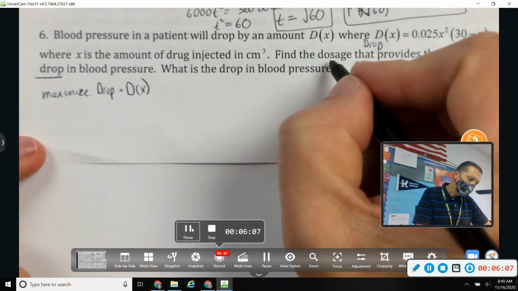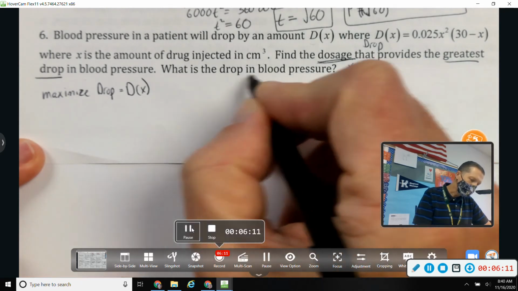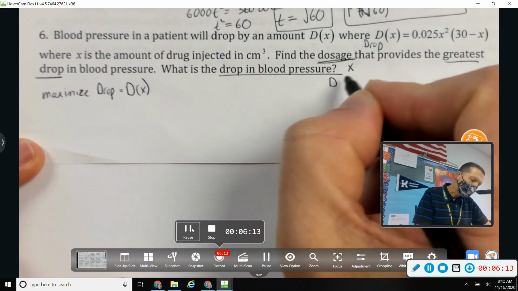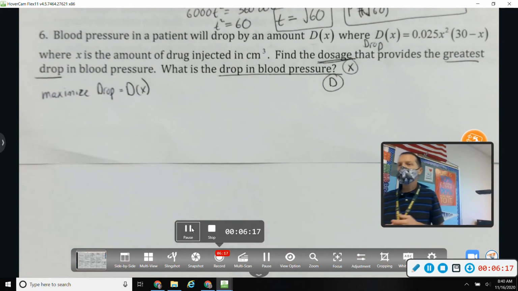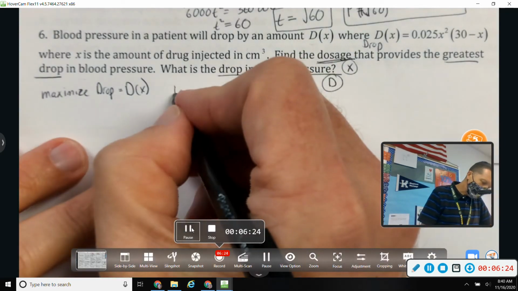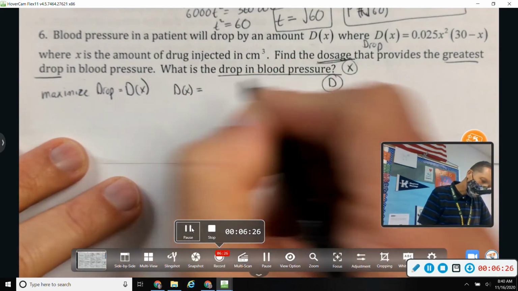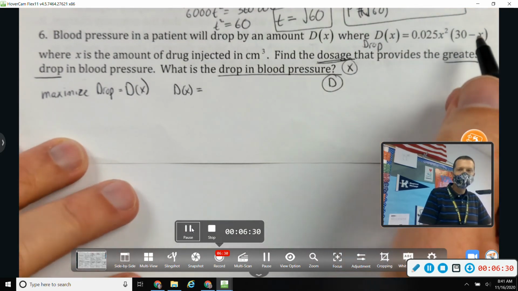Find the dosage, so that's X, and what is the drop? So that's D. So it's a little bit like number 5, where it's asking for both pieces. Find what value of X maximizes the drop, and what drop is it? D of X. Oh, I'm going to do some algebra first, so I don't have to use the product rule.